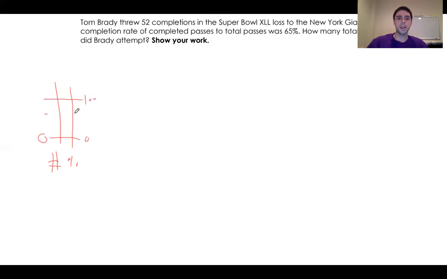100%, and we're at 65%. So do we know our value at 100%? 100% is the total number of passes.